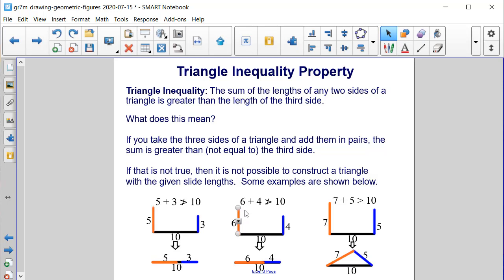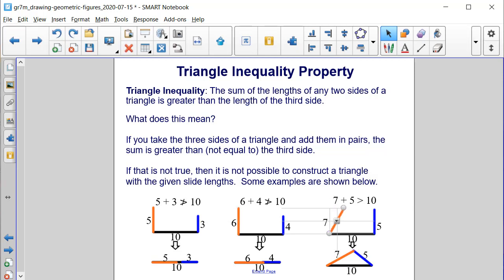Similarly, if you had 6 and 4, they're a little bit longer. If I bring these down, they're still not going to touch each other until they actually reach and become overlapping with the side of 10. So therefore, 6 plus 4 is not greater than 10, so it cannot form a triangle. And finally, the last example that we have is 7 plus 5.